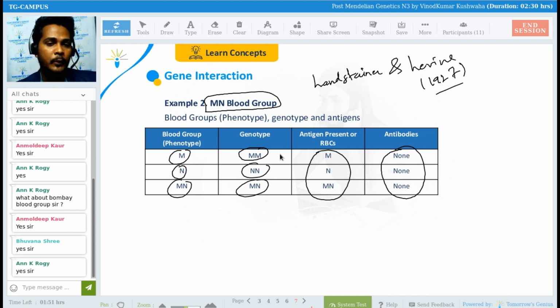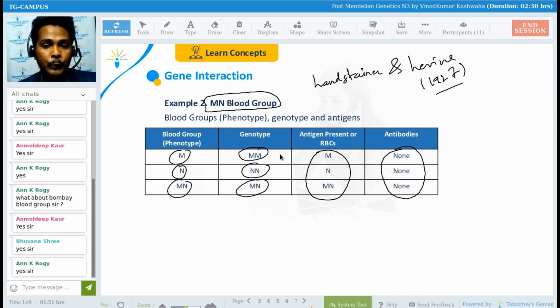Now this type of blood group, the MN type, does not have any significance in blood transfusions, because finally blood transfusion is important, right? So it has no significance in transfusions, but it is helpful in solving disputed paternity and even in identifying a blood stain in forensic sciences.